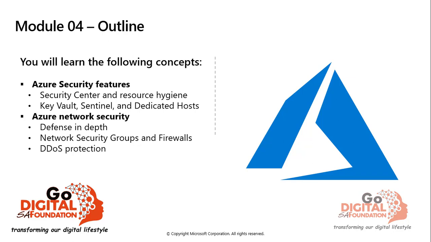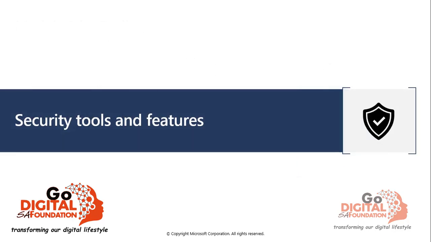And then we have something we call Dedicated Hosts, which we're gonna learn about too. And then we're gonna learn about Azure network security and defense in depth, network security groups, firewalls, and then DDoS protection, distributed denial of service.